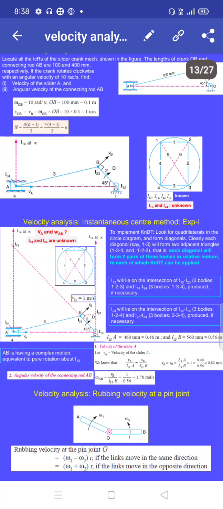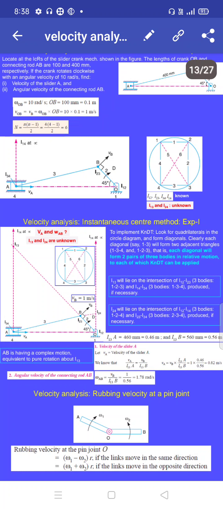To implement Kennedy's theorem, look for a quadrilateral in the circle diagram and form diagonals. Clearly, each diagonal, say 1, 3, will form two adjacent triangles 1, 3, 4 and 1, 2, 3. That is, each diagonal will form two sets of three bodies in relative motion, to each of which Kennedy's theorem can be applied.